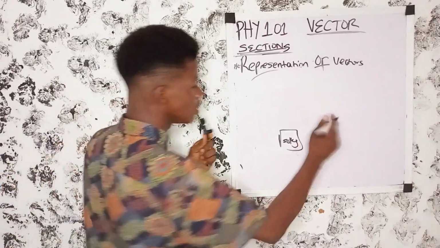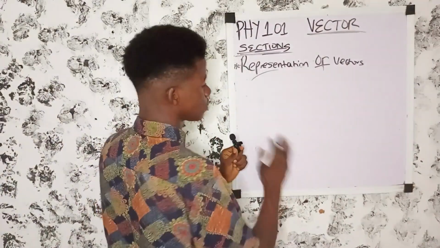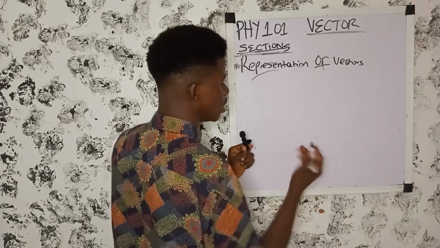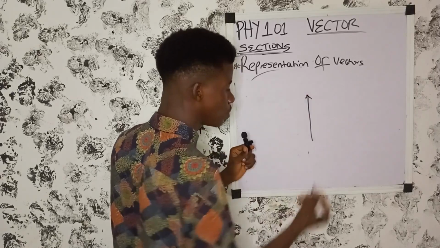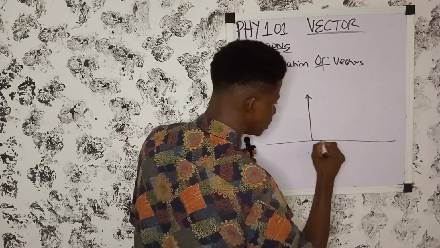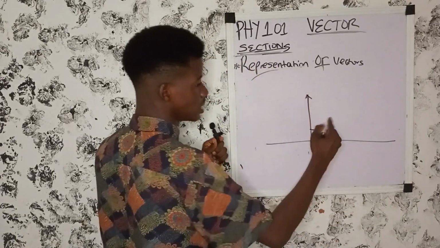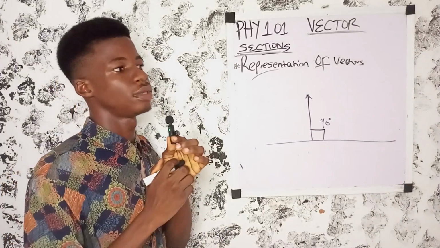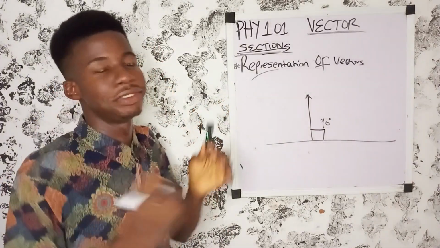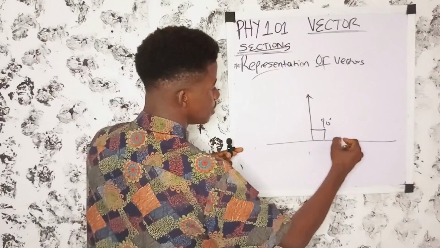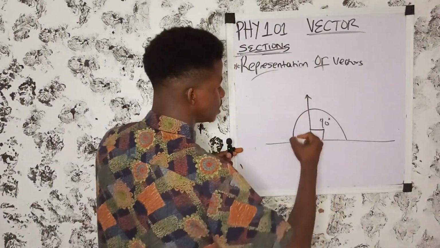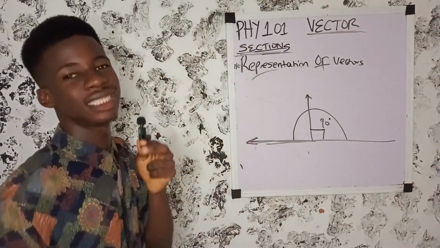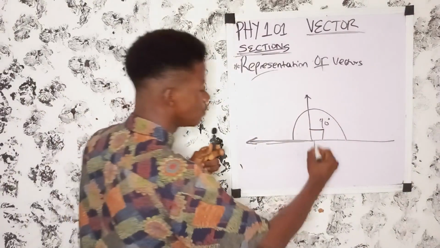Forget about the rest for now. At 90 degrees, we reference with the horizontal. This is 90 degrees. The direction will be upward. What if they say the vector is moving at 180 degrees? From here to this side, the vector will be moving in this direction.